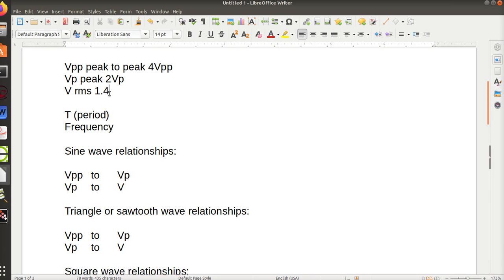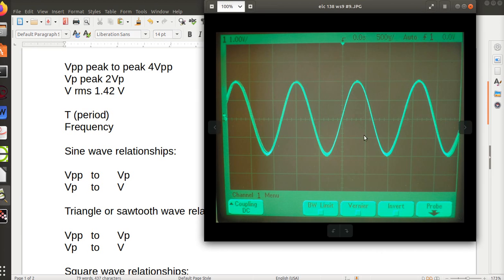So let's just do that. There we go. And my unit would be volts. So same waveform. I can tell you I want a 1.42 volt signal. I can tell you I want 2 volts peak signal. I can tell you I want 2 volts peak to peak, and I'm asking for the same signal that you see right here on this waveform.